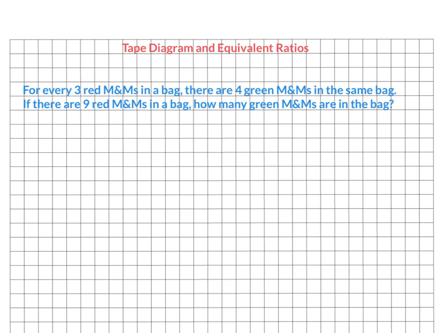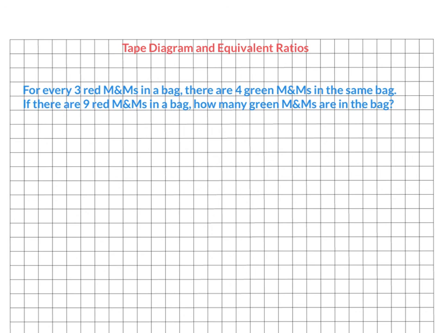Now I'm going to read my first sentence first and see what I can learn from that sentence. So for every 3 red M&Ms in a bag, there are 4 green M&Ms in the same bag. So I have for every 3, there are 4 green. So this is comparison. So every time I have comparison, I have to start thinking, okay, this might be a ratio problem.